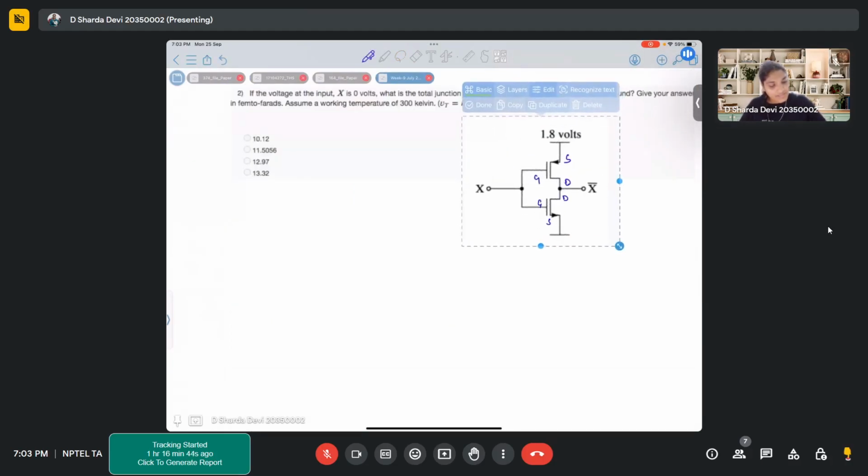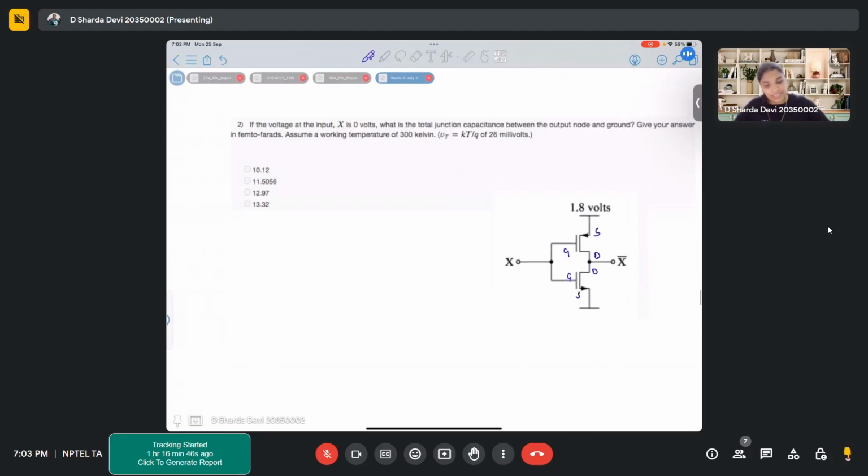In this similar circuit, the question is, let's say X is 0 volts. What is the total junction capacitance between the output node and ground? Give your answer again in femtofarads and at the same temperature.